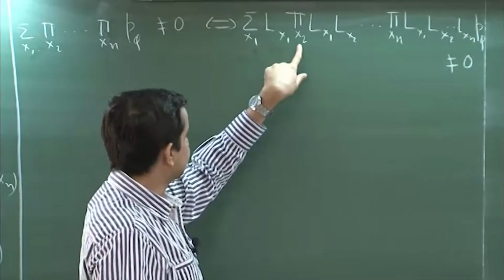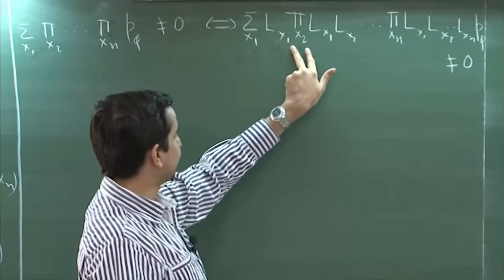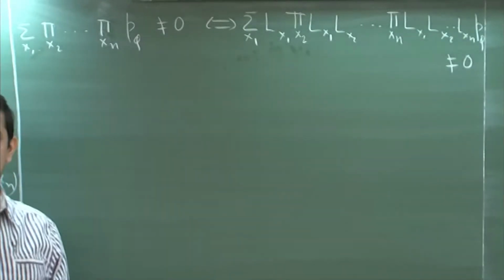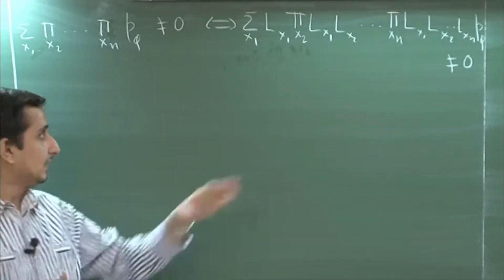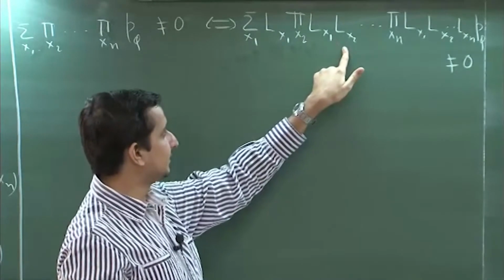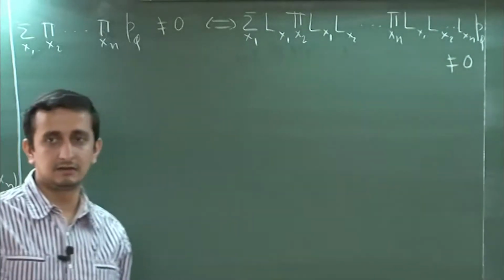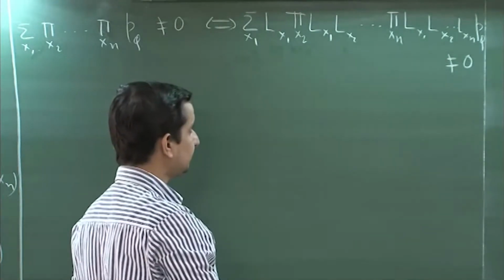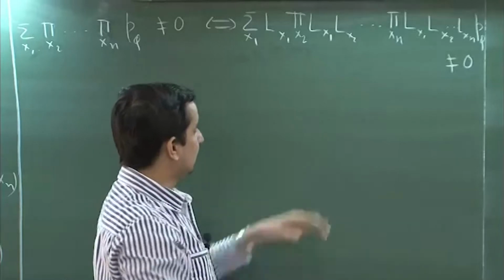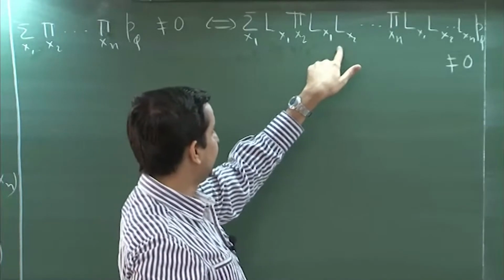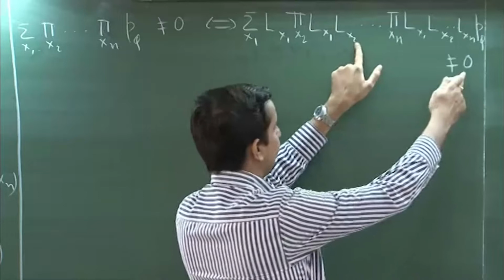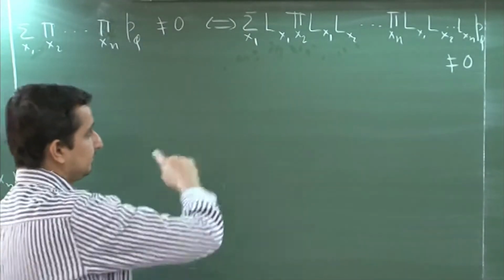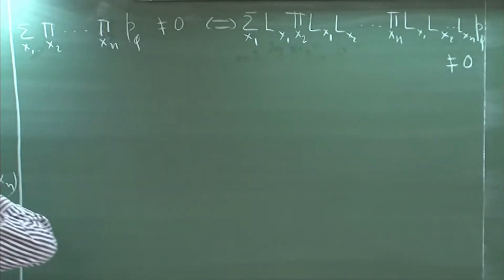But whenever I am applying this product operator, the degree of the resultant polynomial might double up. But when we apply these two operators successively, it will bring down the degree of the resultant polynomial in x1 and x2 down to 1, and the same thing happens for all the other operators.